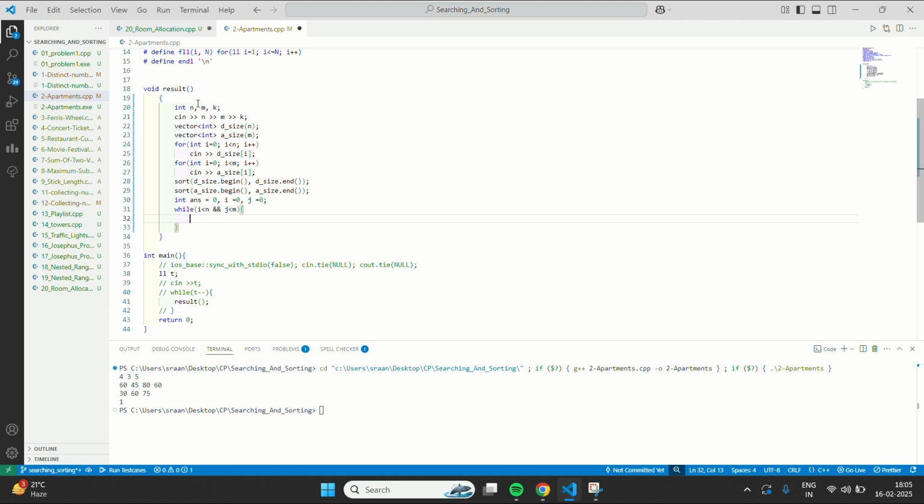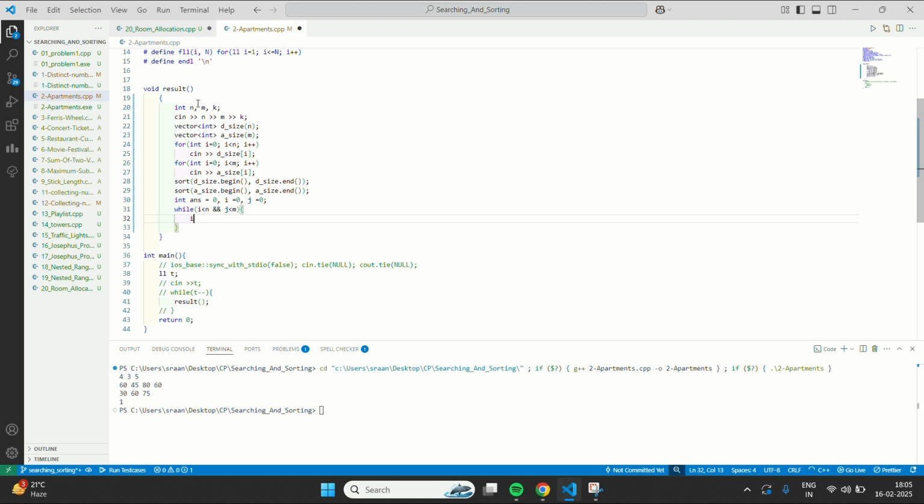If all our customers are satisfied, even if we have apartments, there's no sense in moving forward. And if all our apartments have already been allocated, even if we have customers, there's no sense in moving forward. So there should be a valid customer and apartment both, only then will we proceed with the loop.